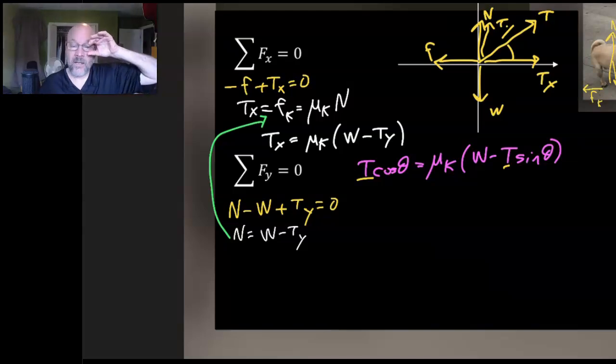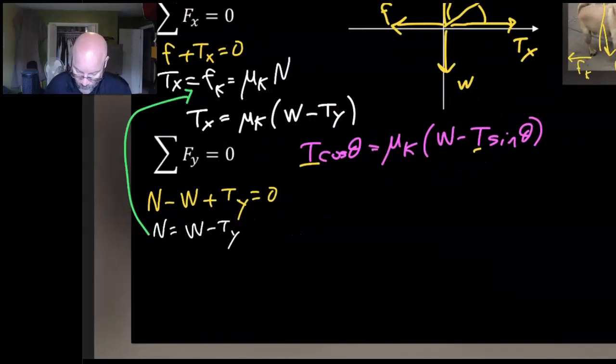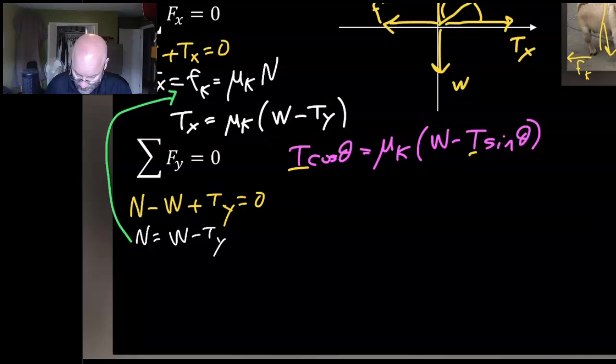So at this point, it's an algebra problem. Let me just do that pretty quickly here for you. Get back to my pink. Okay, so I've got T. I'm going to bring my T to both sides, which is going to leave me with cosine theta plus mu k sine theta.